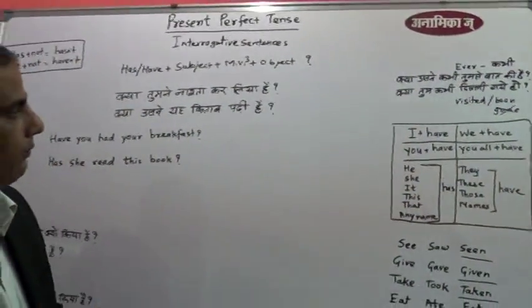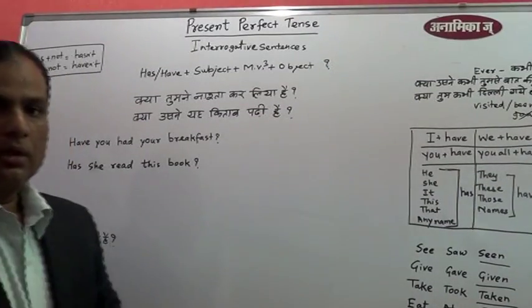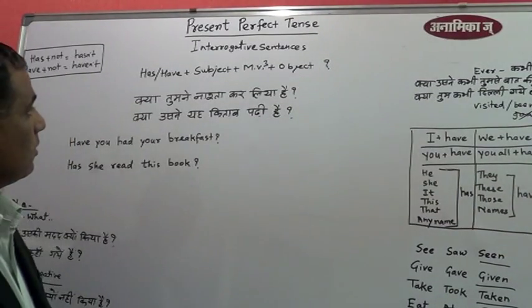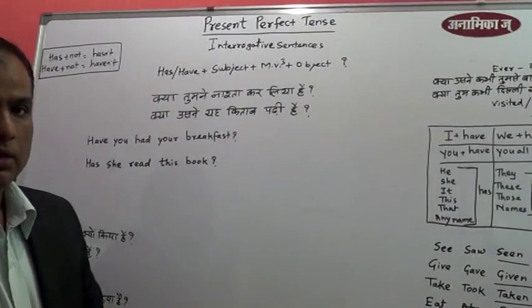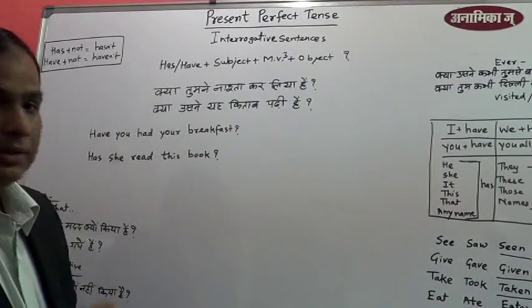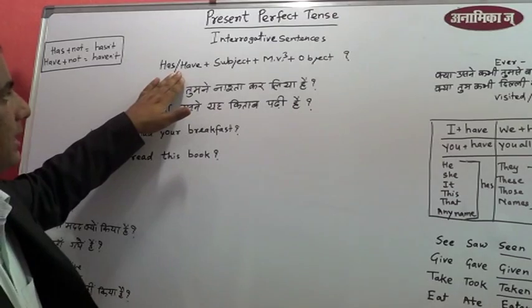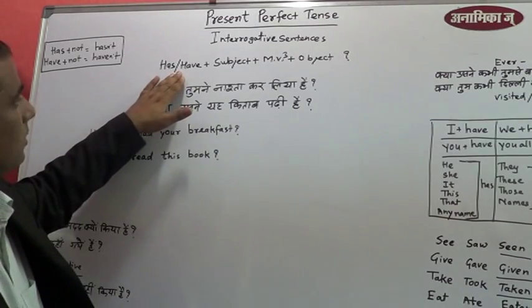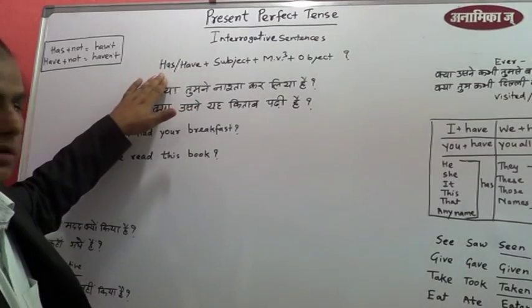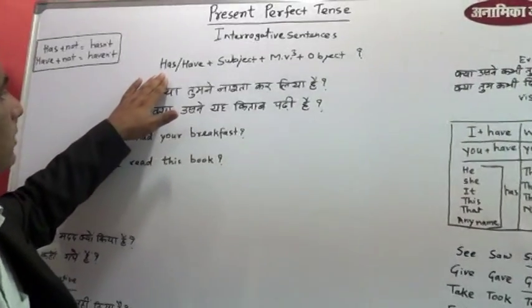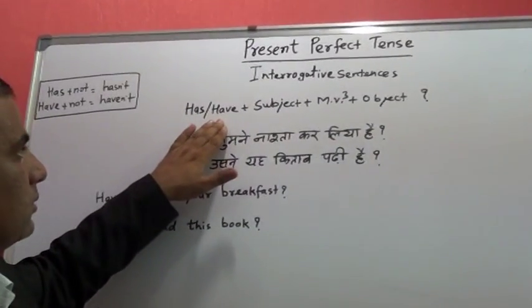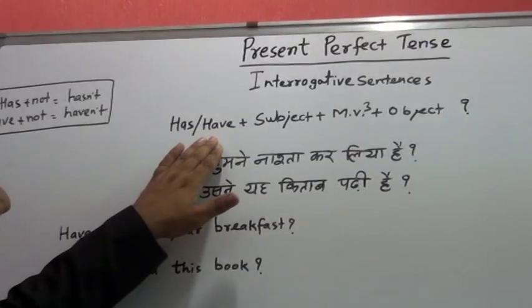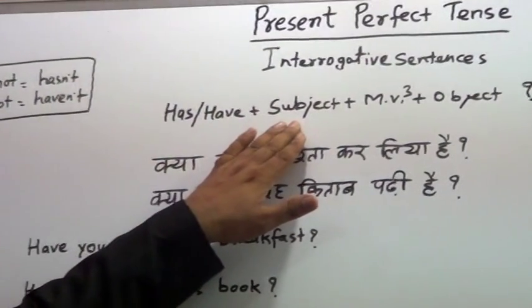So if any question is to be made whose answer lies in yes or no, then we will have this structure. Question will start with either has or have, depending on the subject, and then the subject will come.